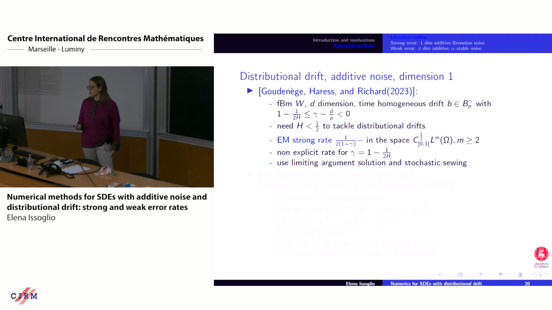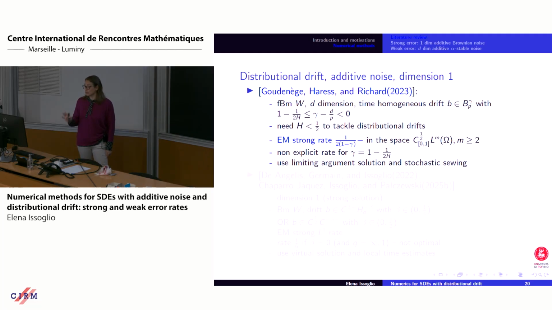And so you can go to any dimension as long as H goes down and still have strong solutions. Their drift is in a Besov space of order gamma, with gamma that must satisfy these regularity conditions. So think of B infinity, so this doesn't appear. Gamma is bigger than 1 minus 1 over 2H. This already appeared yesterday a couple of times. And so if you want to tackle distributional drifts, namely if you want gamma to be negative, H must be smaller than 1/2.